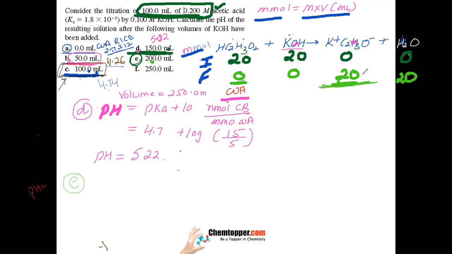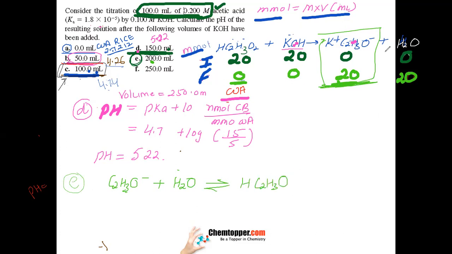This conjugate, this one, is stronger than water. But I cannot use Henderson equation. So I have to see the reaction of this conjugate base with water, and I have to make the Rice table because it's a weak base.